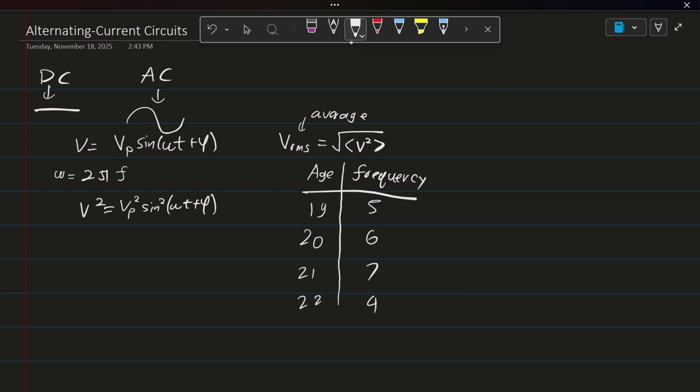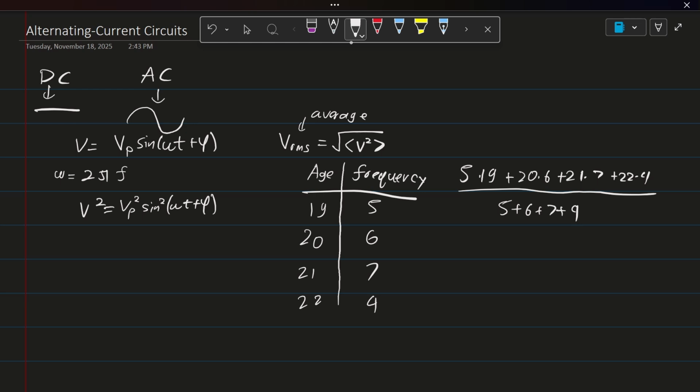And we want to figure out the average age. The way that you could do this is just by summing it up. So 5 times 19 plus 20 times 6 plus 21 times 7 plus 22 times 4, divide everything by the frequency, so 5 plus 6 plus 7 plus 4. And this will obtain the average age.